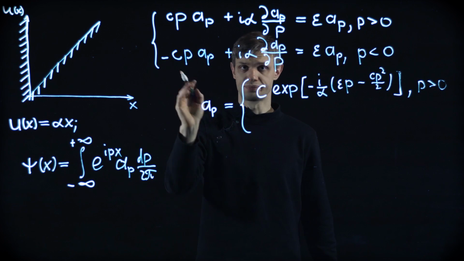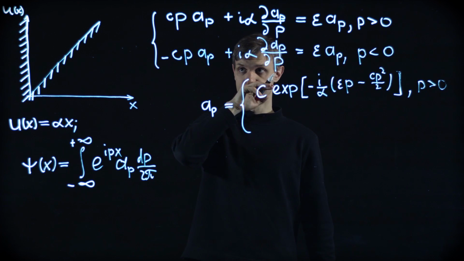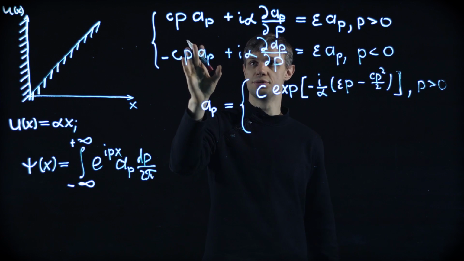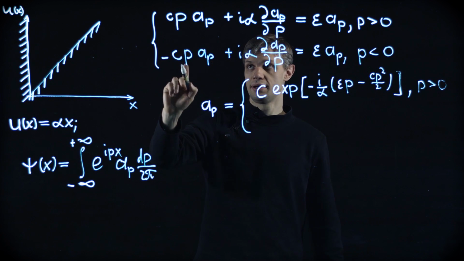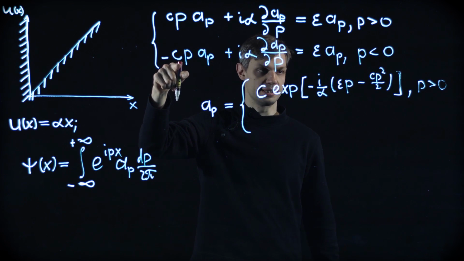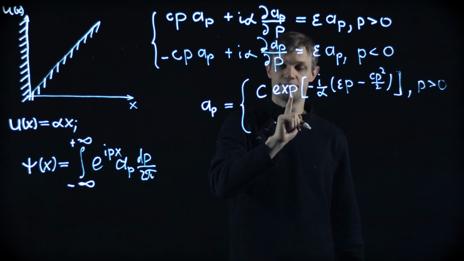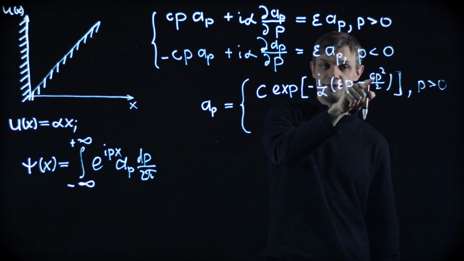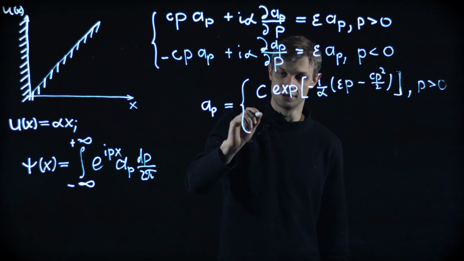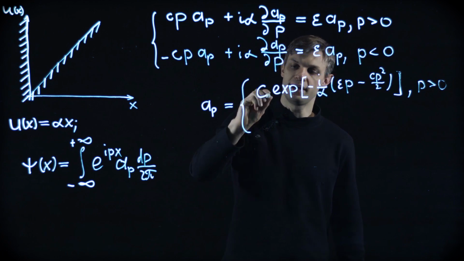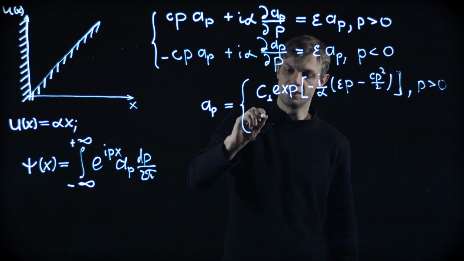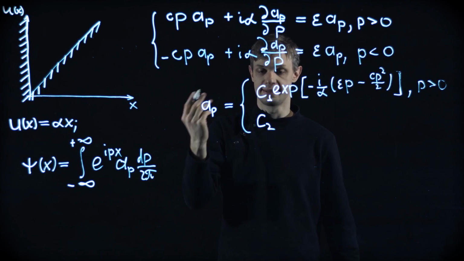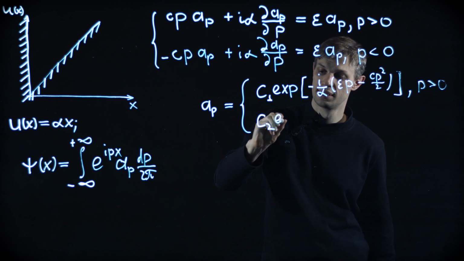And for negative momentum, the only difference between these two equations, as you see, is that C is changed to minus C. Pay attention, this one is a capital C, and this one is a small c, the speed of light. Don't get confused. Technically we have to write c1 here, and here c2, another integration constant.